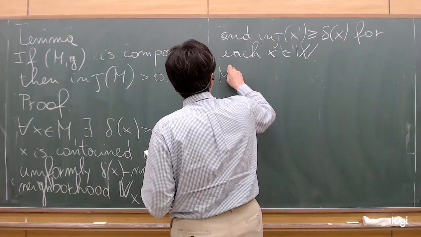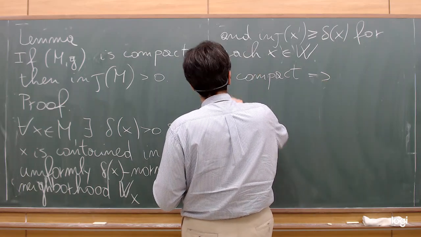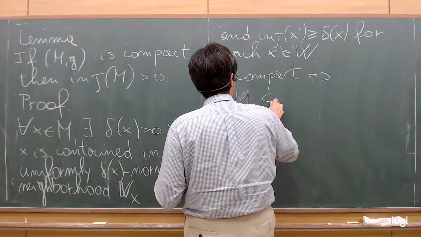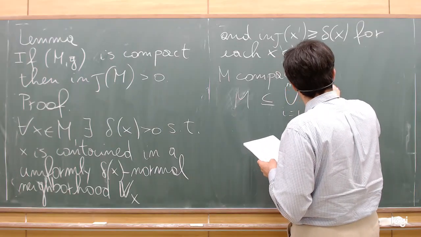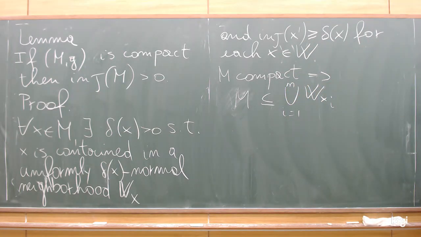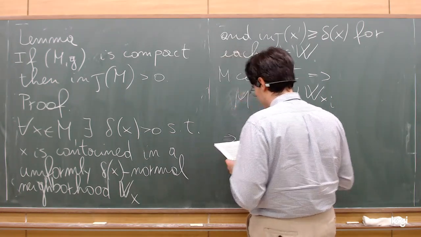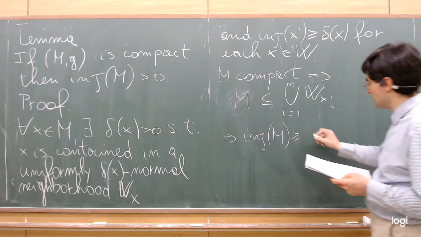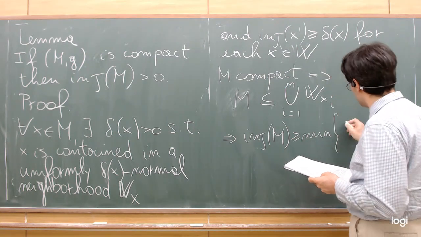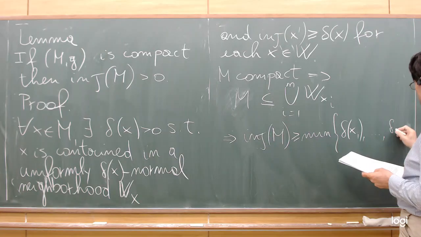Now, since M is compact, M can be covered with finitely many of these neighborhoods, and this implies that the injectivity radius of M is larger or equal than the minimum of delta x1, ..., delta xn.